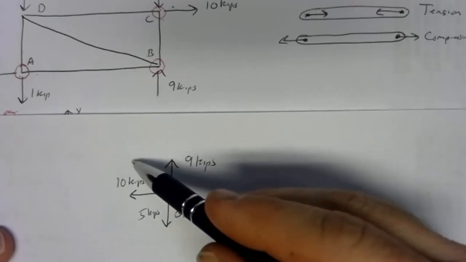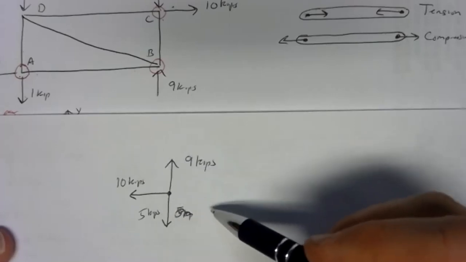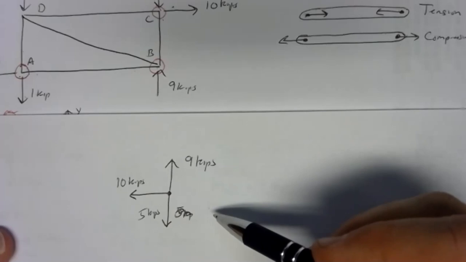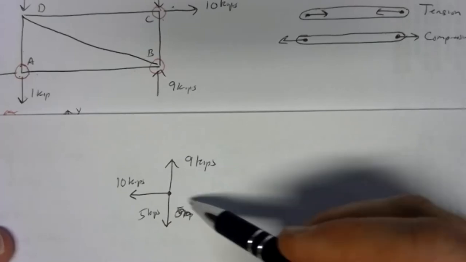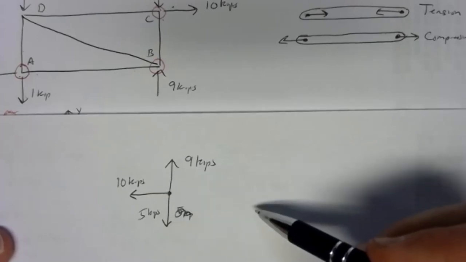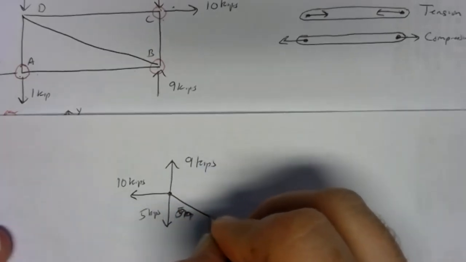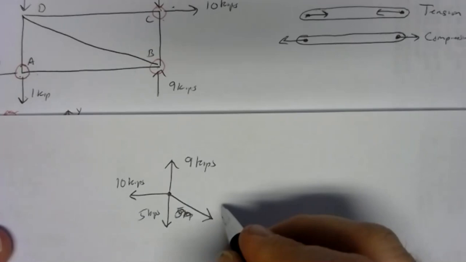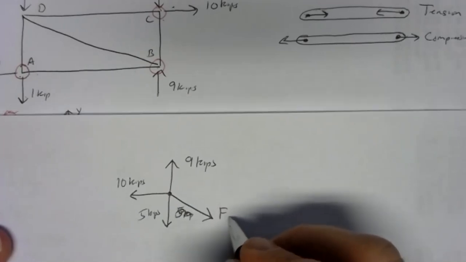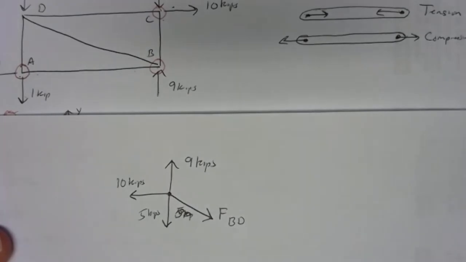If it pulled to the upper left, then there wouldn't be anything to the right. You can't have equilibrium that way. You can't have something to the left without having something to the right. So it makes the most sense to draw the force due to member BD down and to the left, down to the right, excuse me.